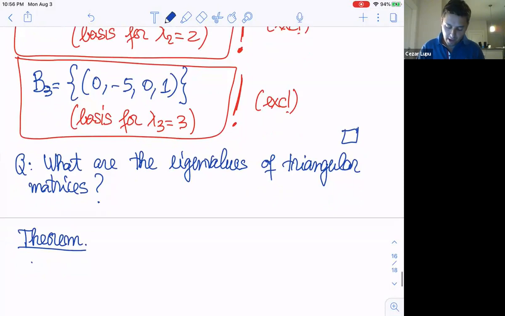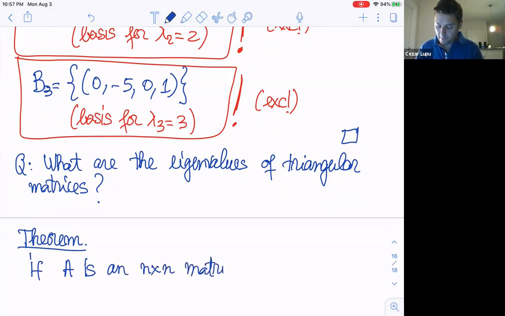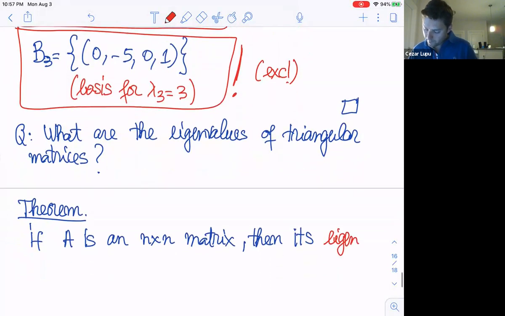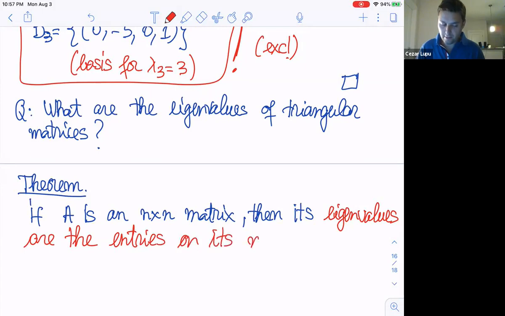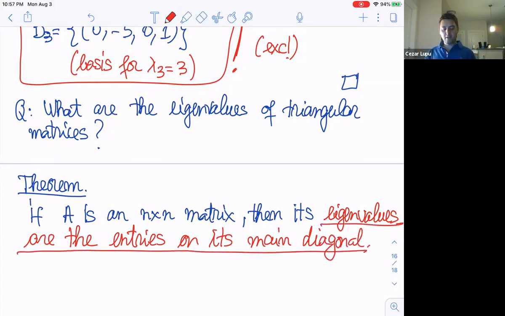Well, if A is an n by n matrix, then its eigenvalues are the entries on its main diagonal. It's that simple. Keep that in mind.